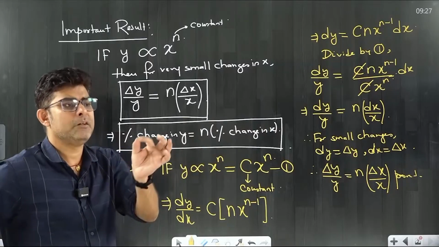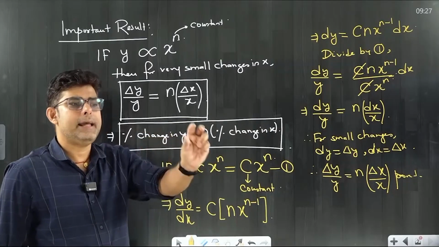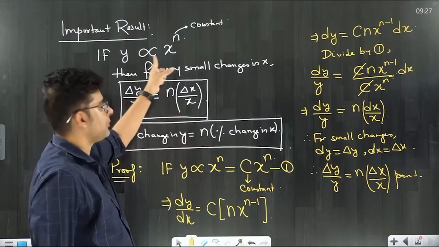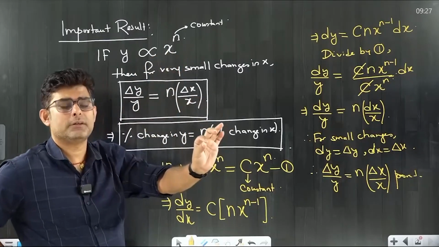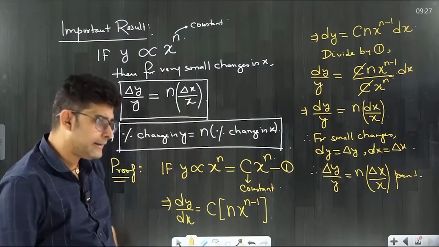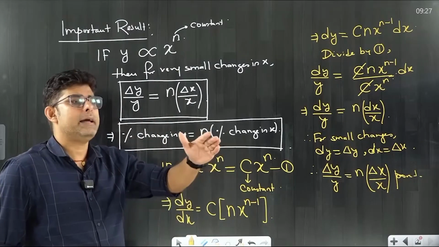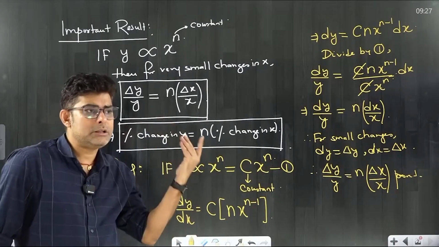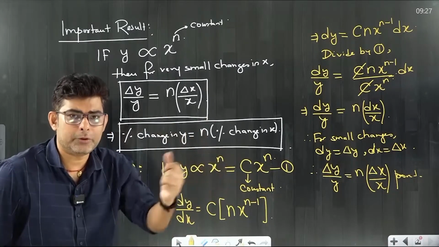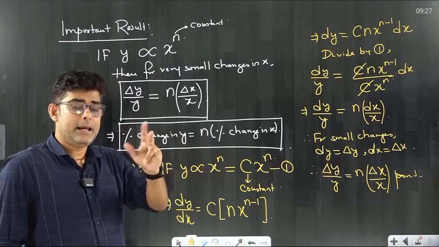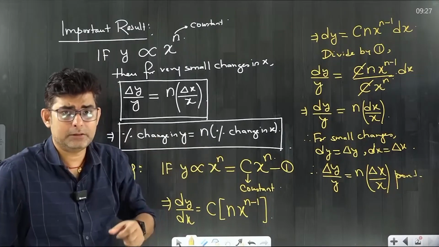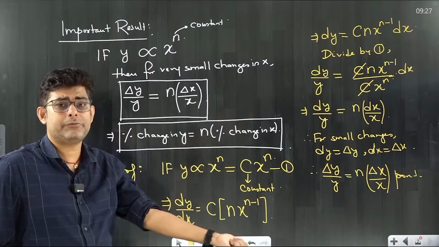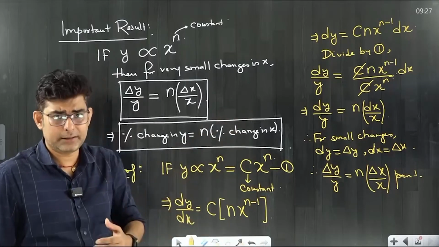For example, suppose y is proportional to x, and suppose initially I take x as 100. They say that x changes by 30%. What does that mean? If initially you took 100, the new value will be 130. If they say x decreased by 20%, what will you say? Initial was 100, final is 80. See how simple it is.